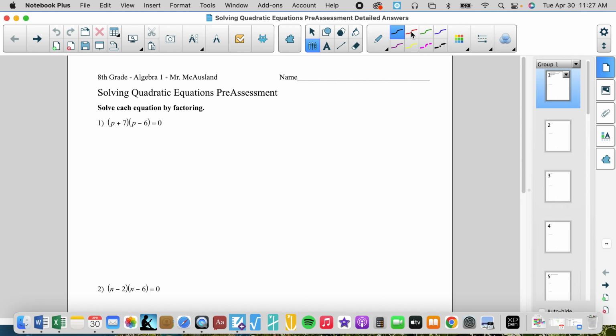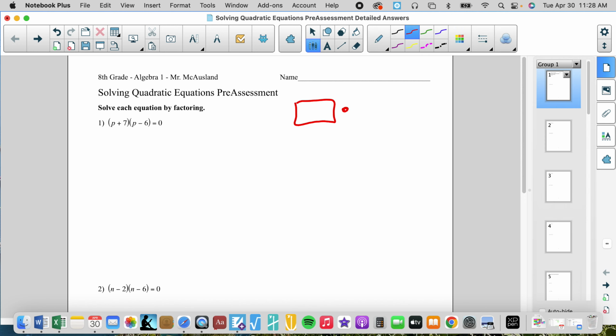So we know that if we multiply two numbers and the result is zero, one of these numbers must be zero. One of these boxes must equal zero when simplified. So the question we ask is, what value for p would make this box equal to zero?